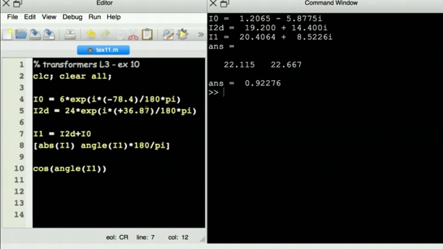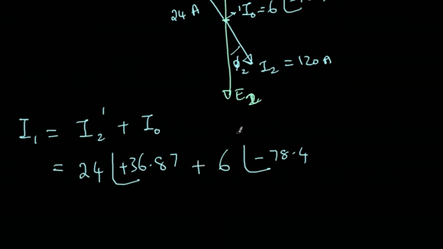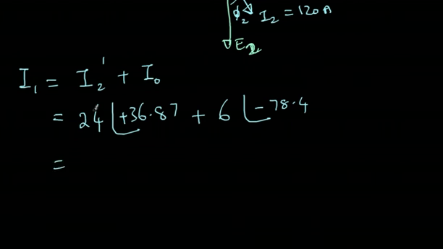So just take a moment, look at what we have done. 6 exponent of minus 78.4. By the way, if you did not understand this step, let me write it. Mathematically, this is 24 e to the power of j theta, that is j into 36.87.